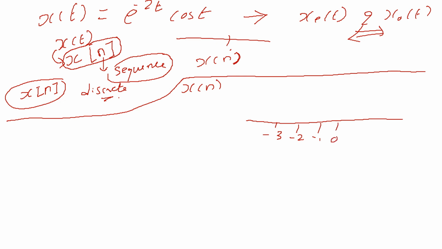This is the origin, right? And 1, 2, 3, 4. So this is the origin. Right, the values have been given like this.